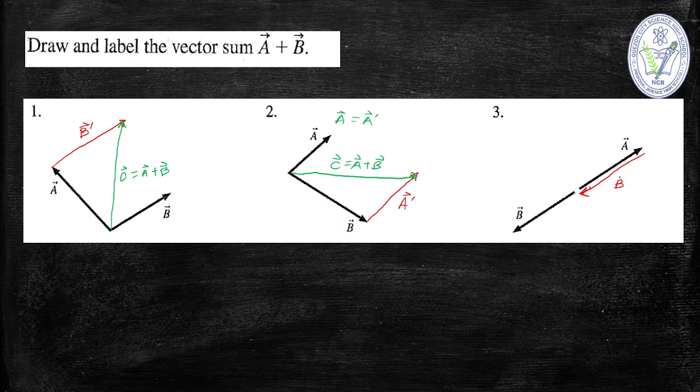And as you can see, A and B prime are actually the same in magnitude but opposite in direction. So that would give us the idea that the vector sum in this case is equal to 0.